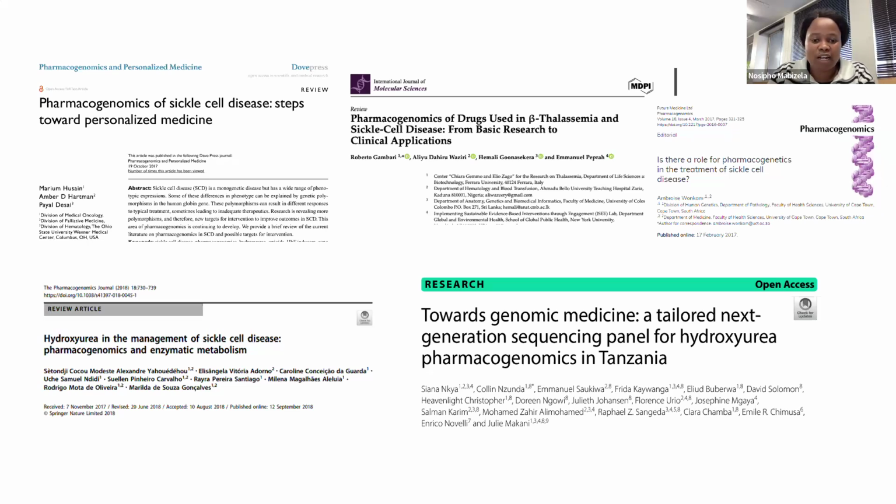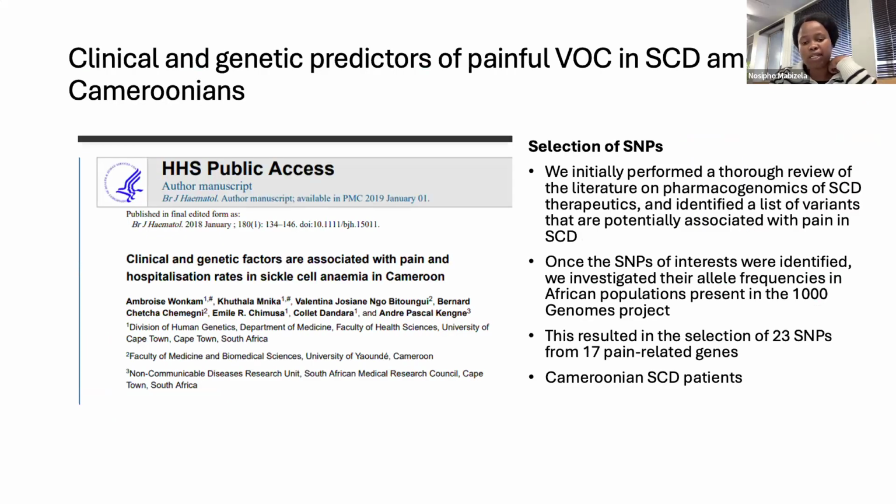So I've been saying Africa all the time because I'm an advocate for Africa. After this, we thought it would be nice to look at those genes that we reported in our literature review, and see, if we screen those genes and do genetic characterization, what can we see in our population? We then did a study.